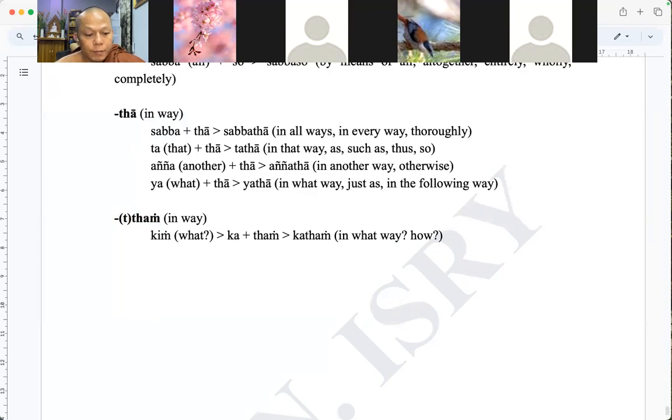And then for example, ima. Ima means this, but ima is reduced, contracted as e, after that the tan. So we have the etan. So literally in this way.